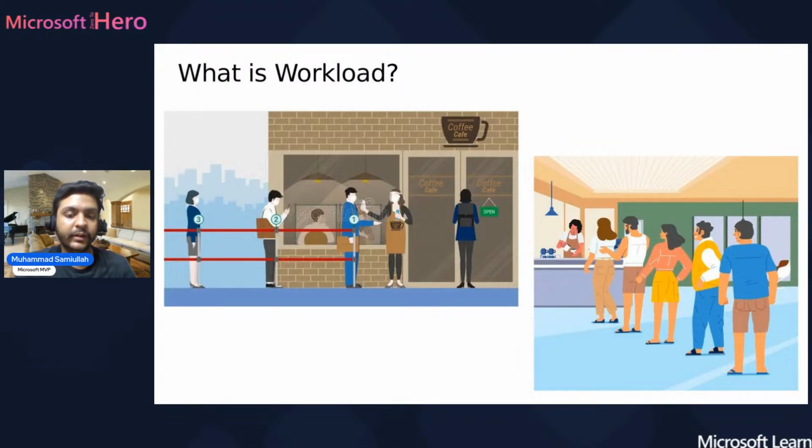It will be difficult for the coffee shop owner to manage the expenses. Like if one day in a year, or a week or a month in a year, the traffic rises and then goes back to normal, you don't need the resources anymore.